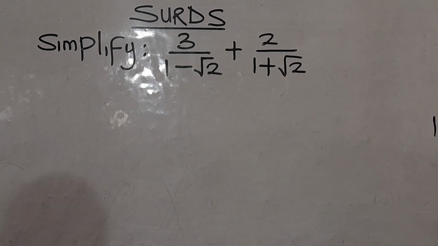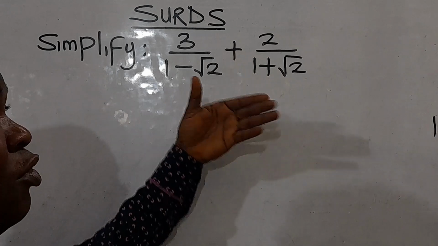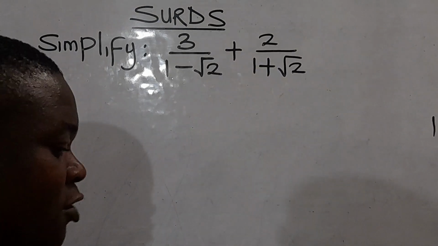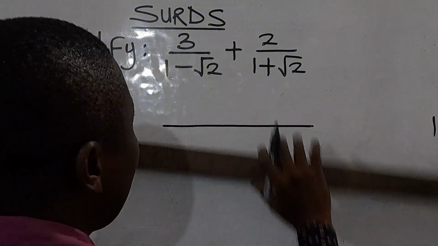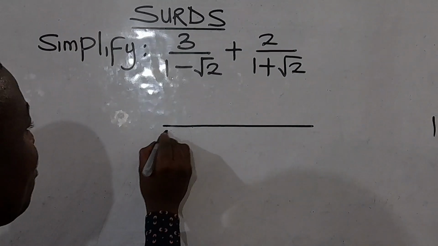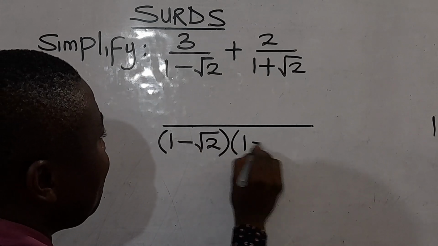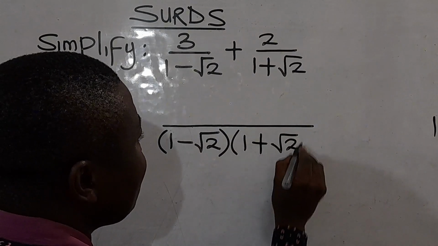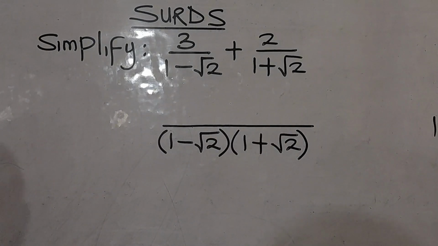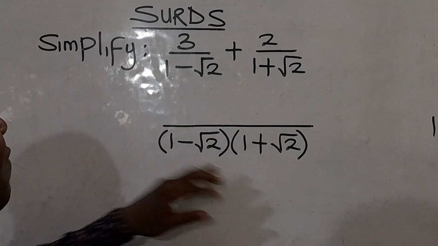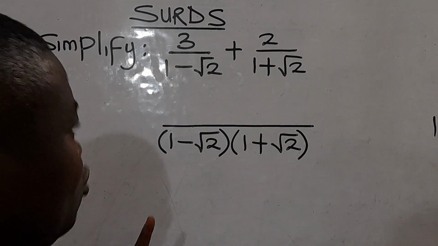Let's see the first step. When you're given a positive sign here or a negative sign, you actually look for the LCM. So let's look for the LCM. This gives us 1 minus root 2, 1 plus root 2 as the LCM of the denominator. Now, when we divide the LCM by 1 minus root 2, we have 1 plus root 2.